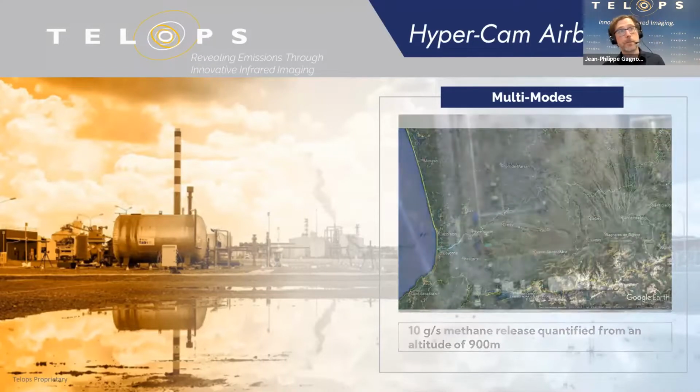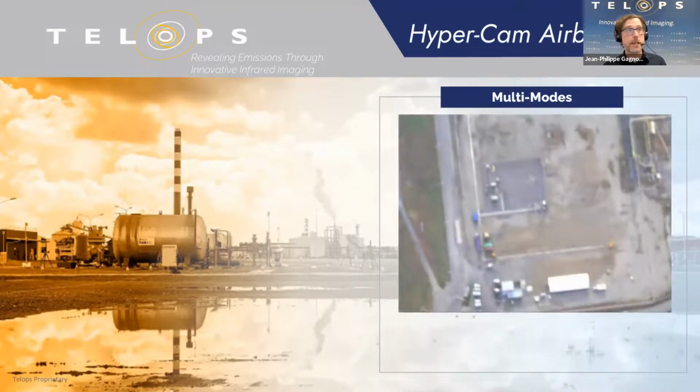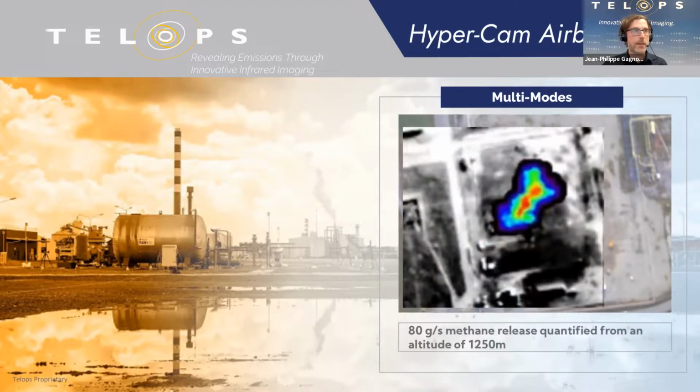The other mode of operation is one in which the system can lock on a specific ground coordinate and then produce more than one image of a single point on the Earth as a function of time. This allows you to get a better understanding of the dynamics of the plume, or the dynamics of anything, basically. Here is an example, a methane plume, methane emissions.